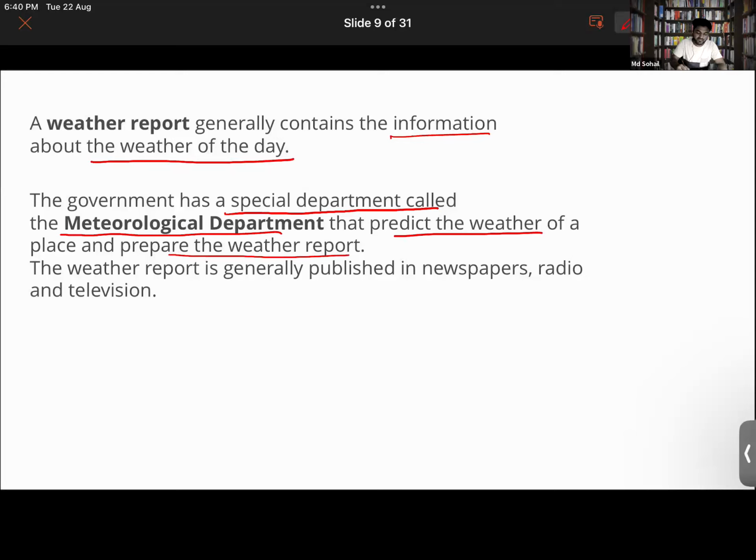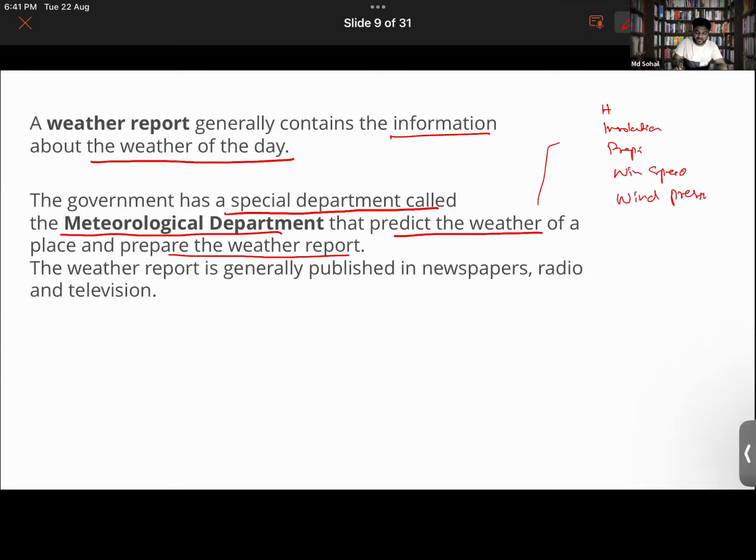So they will consider a number of factors. They will study a number of weather factors, for example humidity, insolation, the amount of sunlight that is reaching, precipitation, and wind speed and wind pressure.